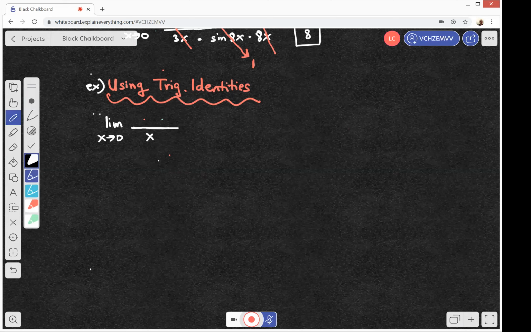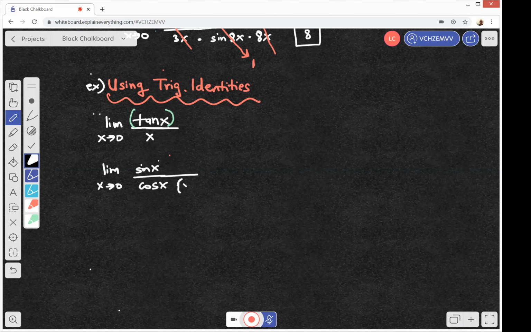So we have tangent x. To handle this type of problem, let's say you don't have a graphing calculator, the identity for tangent is sine over cosine. So I'm going to work with the identity for tangent. I end up having the limit as x approaches 0, tangent will become sine x over cosine x, and I still have an x on the denominator.